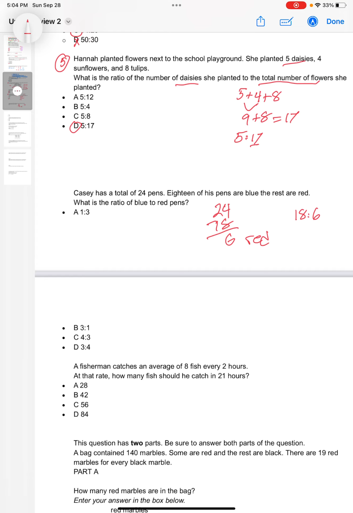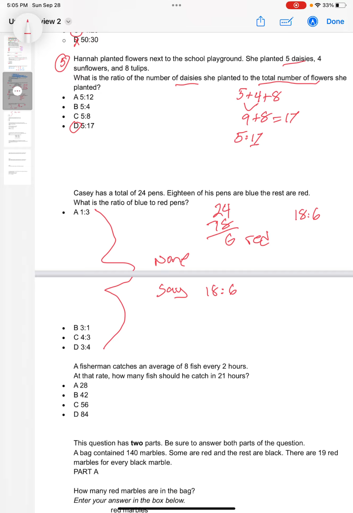Well, notice none of these say 18 to 6. So which one is equivalent to that?